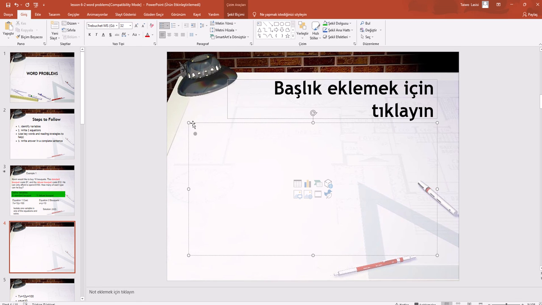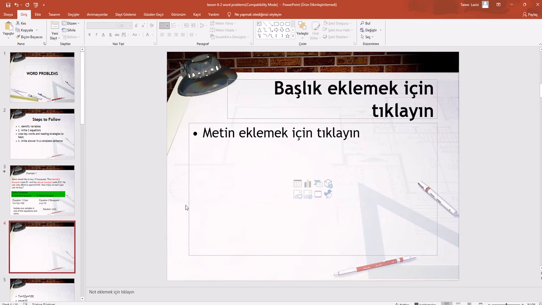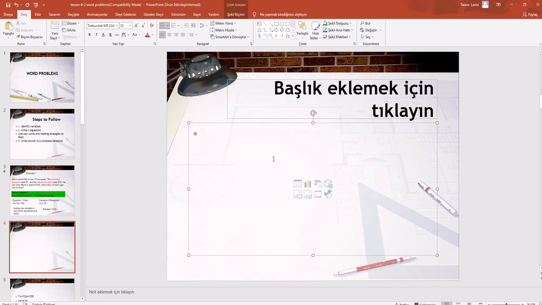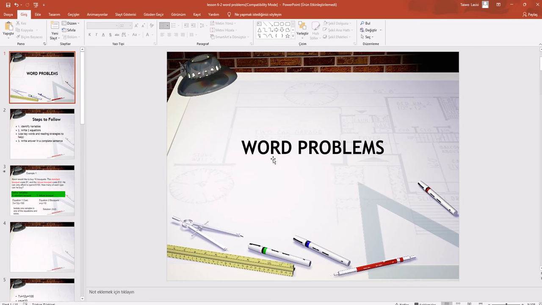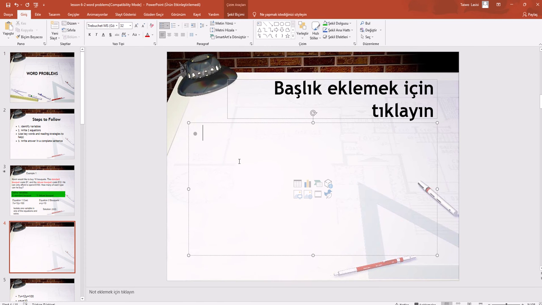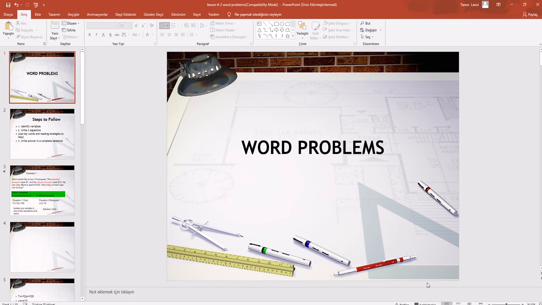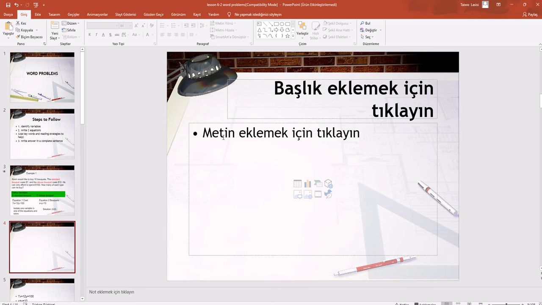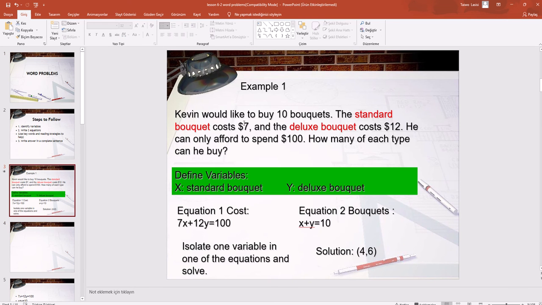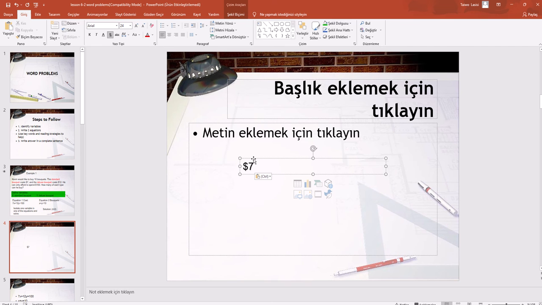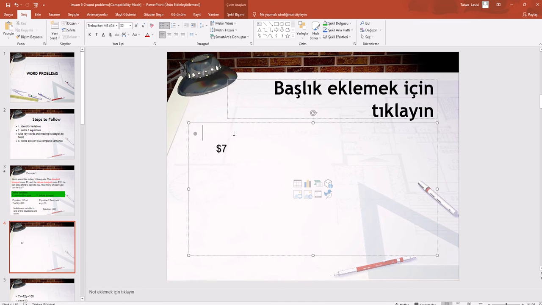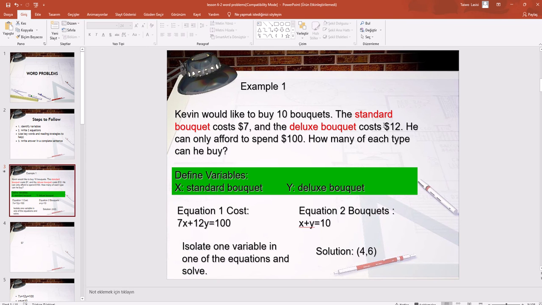So the symbol here. If it says 7, I can copy it from here, it's easier. The other one is 12.